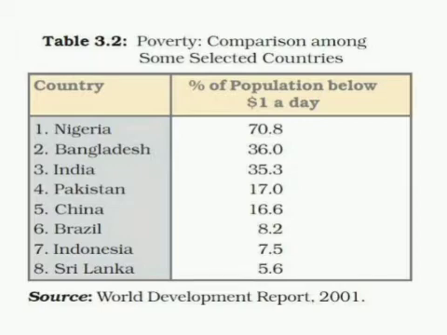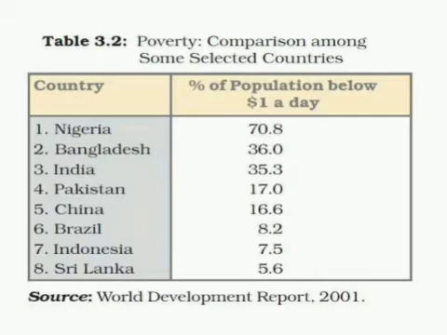So we can see that in the developing countries the proportion of poverty, though it is declining, still the condition is not very good compared to the developed countries. However, we have seen certain changes in poverty in countries like China, but in countries like Nigeria, Bangladesh, India, Pakistan, as you can see in the table, the population of poverty is quite high, and especially Nigeria, which is an African country.